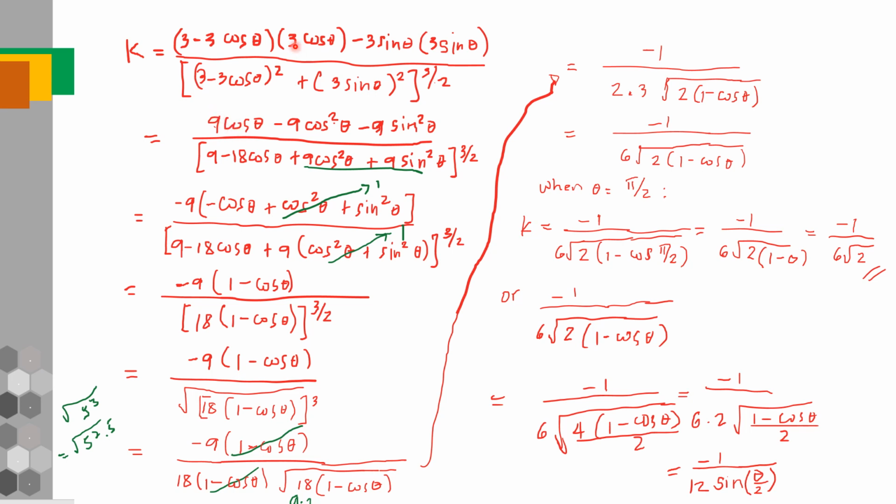Then another one is 3 cosine theta times negative 3. We have negative 9 cosine square of theta. Minus, dito, we have negative 3 sine theta times positive 3 sine theta. So, meron siyang negative 9 sine square theta.